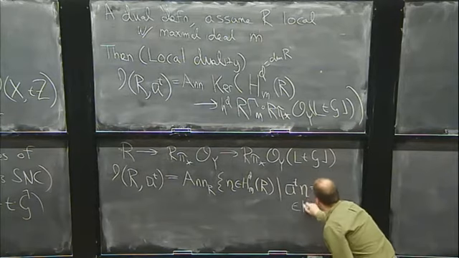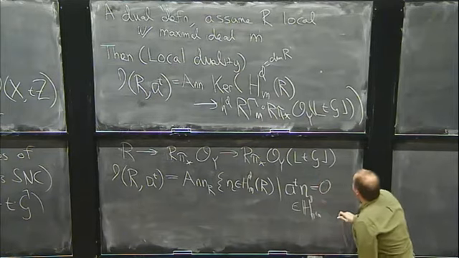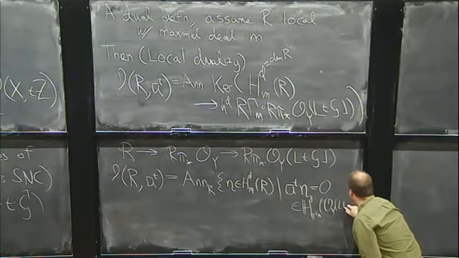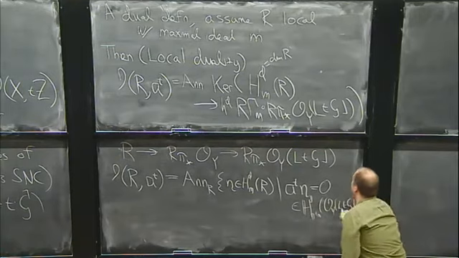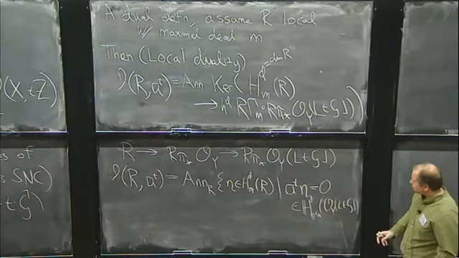So maybe I'll try to write this more compactly. H^D pi inverse m, OY round down TG. This is just that guy. I'm just writing hypercohomology and composing derived functors.